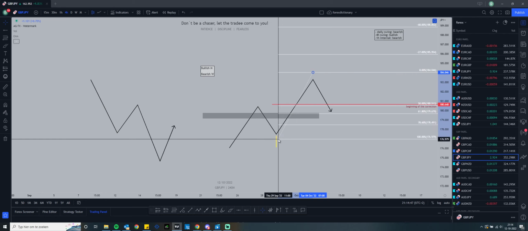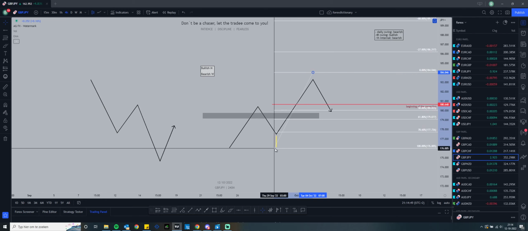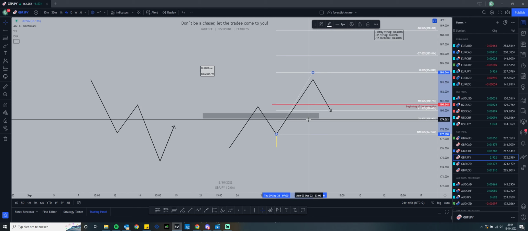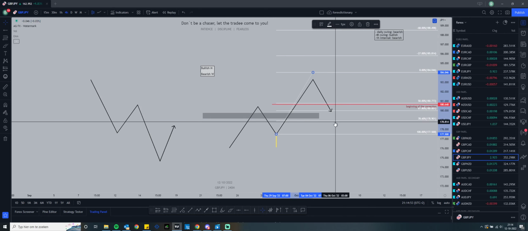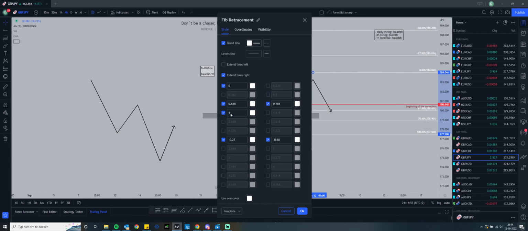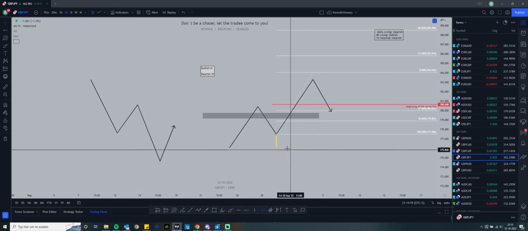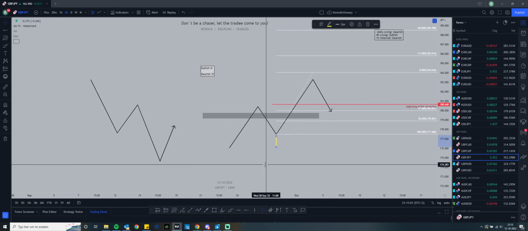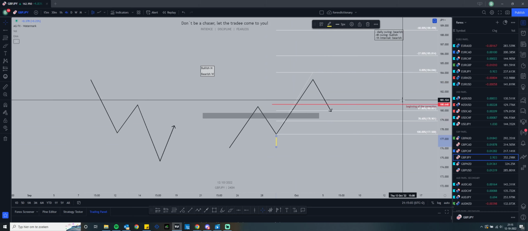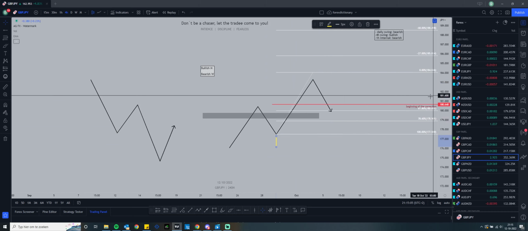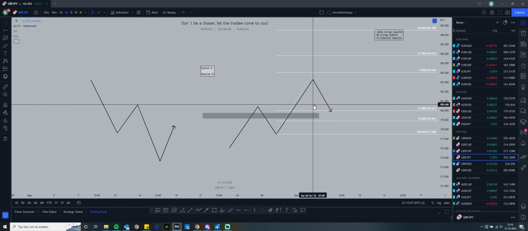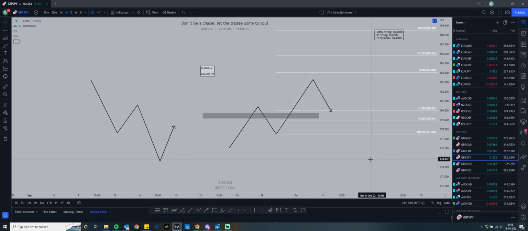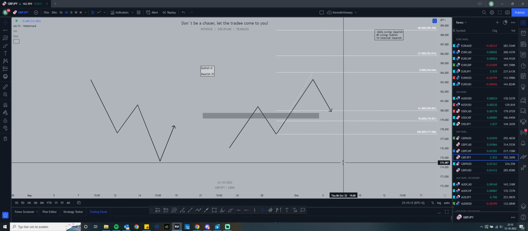So it doesn't really matter, you can do wick to wick, or you can do wick to body, whichever floats your boat. I prefer wick to body, but then I start looking from the 0.618 and downwards. If you prefer wick to wick, then just put on your 50 fib level, and that way you will have the same end result. It's just a personal preference. That's the whole premise of the daily.